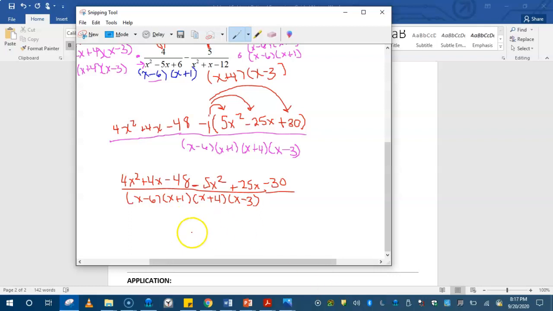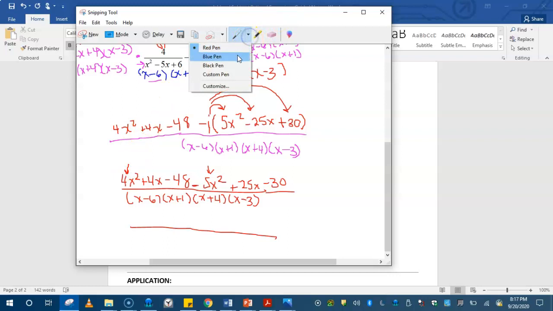All right, and now I'm going to combine like terms in the numerator. Here we go. I have a minus 5x squared and a plus 4x squared. If I combine those like terms, I would have a minus x squared.